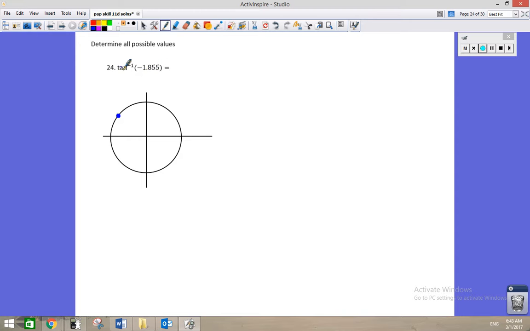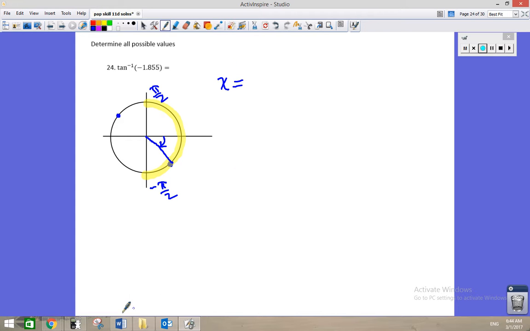Negative ratios for tangent are going to occur in quadrants 2 and 4. When we go to the calculator and we ask it to return a value, it's going to return values that are between negative pi over 2 and positive pi over 2. And for this one, it's going to return this angle.